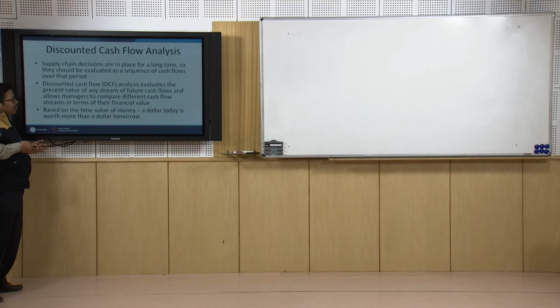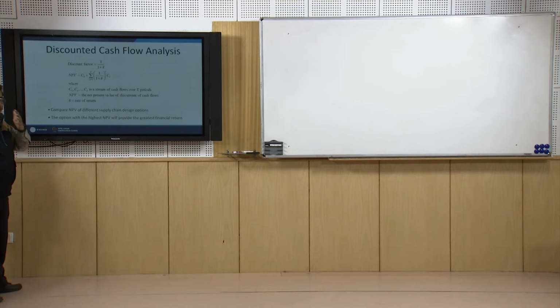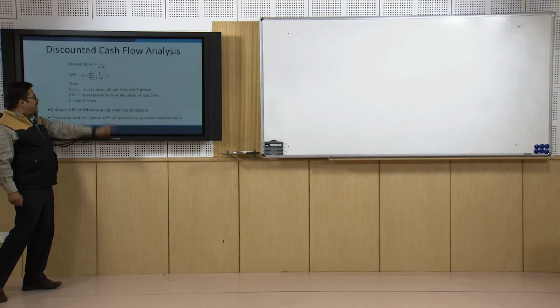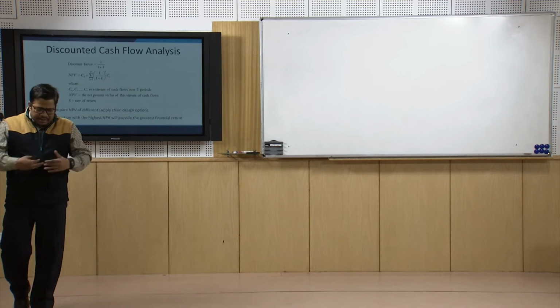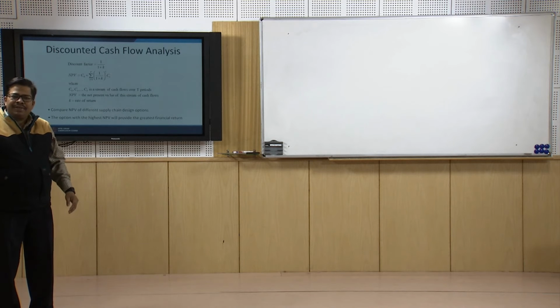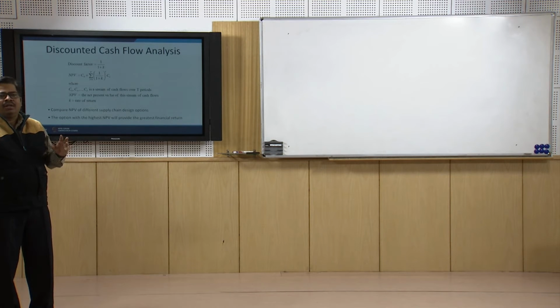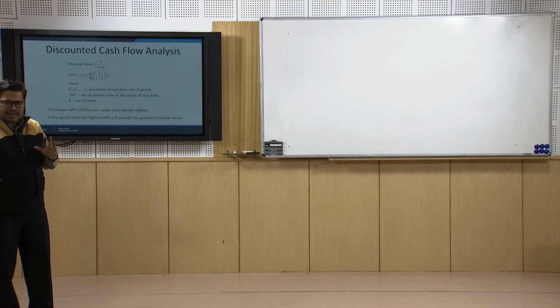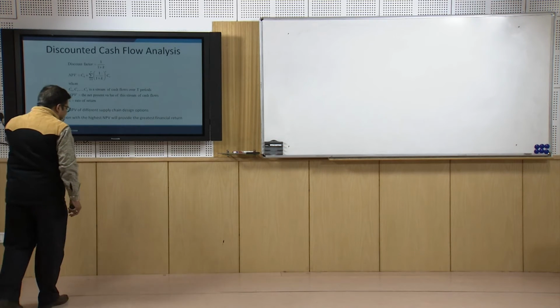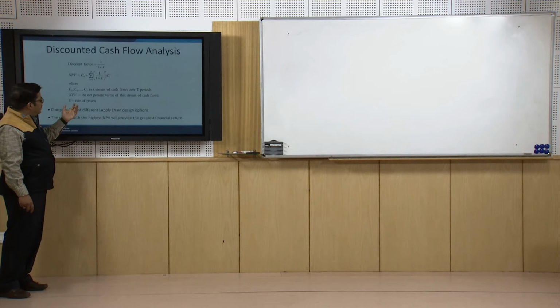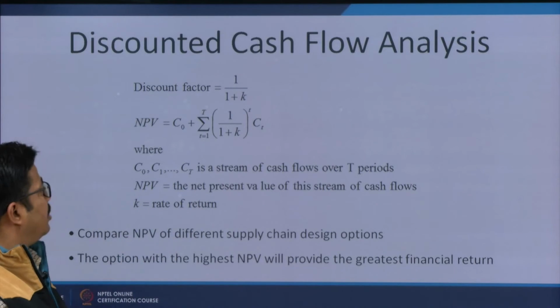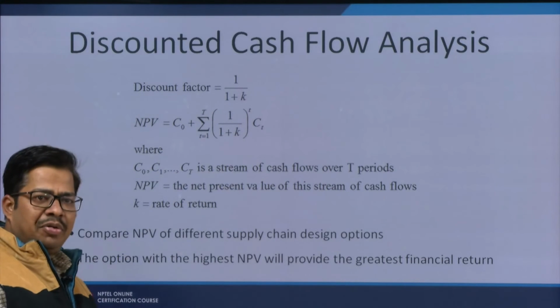Now going further, the formula for such calculation: in that, K is the rate of return. Normally in our day to day discussion, we say that K is nothing but rate of interest. In the language of supply chain or in the language of finance and accounts, we say K is rate of return. So this becomes the discounting factor, 1 upon 1 plus K.